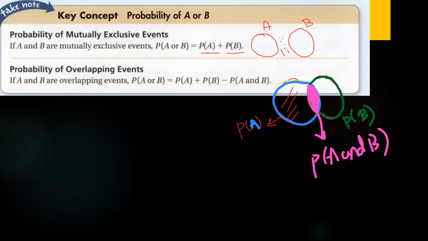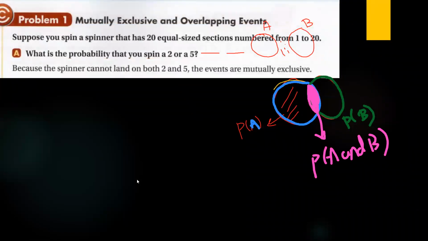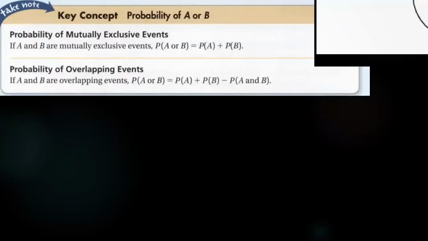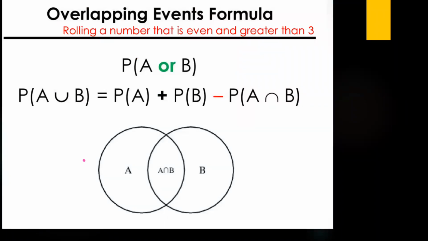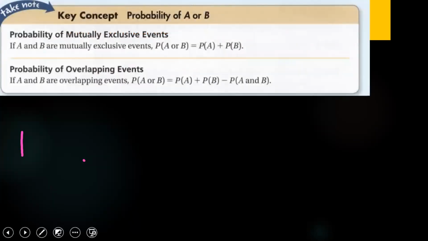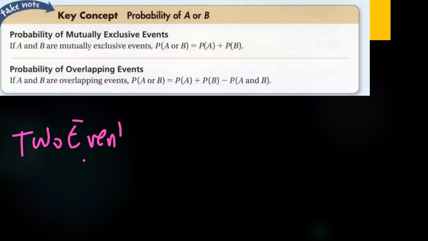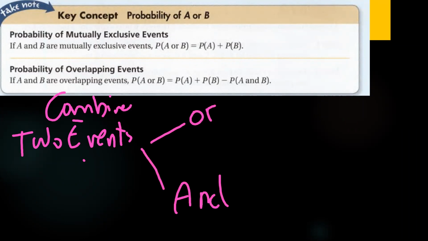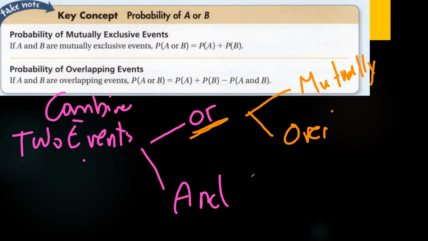So let's remember, as I told you before, if I want to combine two events, I have to use "or" or "and": A or B, A and B. Now, for the "or", I can classify them into mutually exclusive and overlapping events.